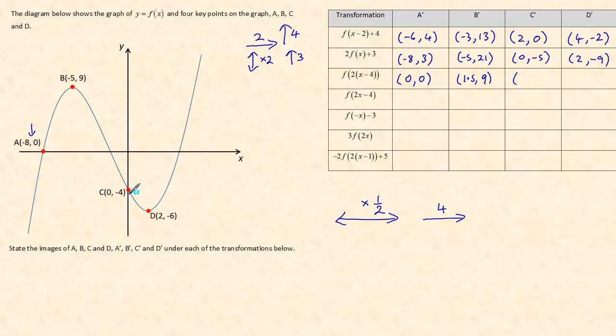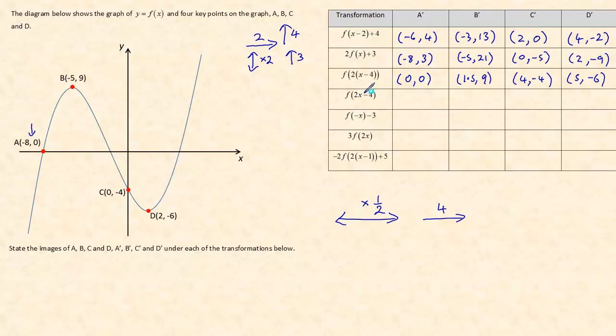For this next one, half of 0 is 0, then move 4 across. So that's going to be at 4, negative 4. And then for this one, halve it becomes 1, then add 4, so that becomes 5, negative 6.